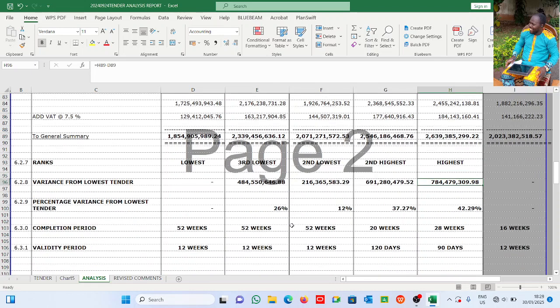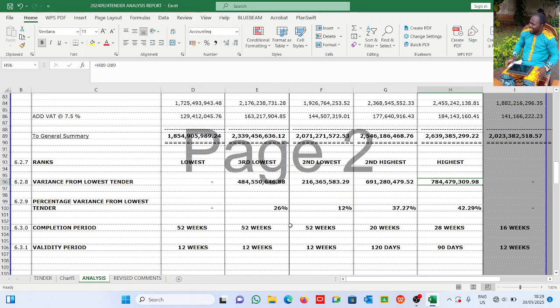All right, now the percentage variance from the lowest. The same thing we did there for the difference, we'll do here. This is this divided by this. This guy divided by Kana, 26%. You see that?